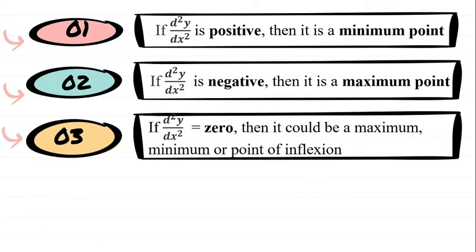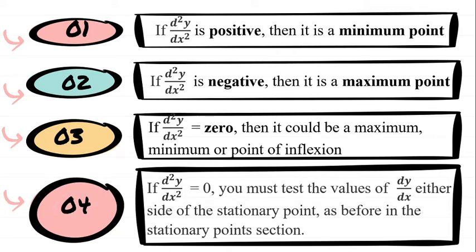Third, if d squared y divided by dx squared equals 0, then it could be a maximum, minimum, or point of inflection. In that case, you must test the values of dy divided by dx either side of the stationary point, as before in the stationary point section.